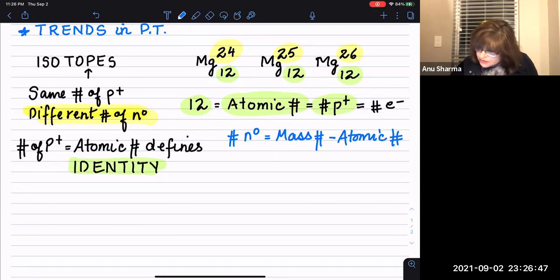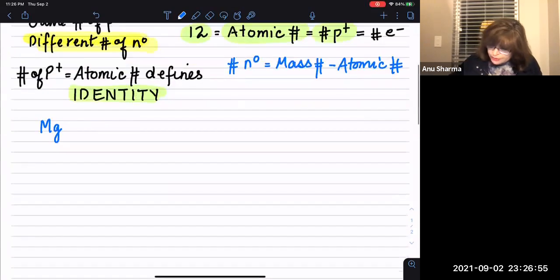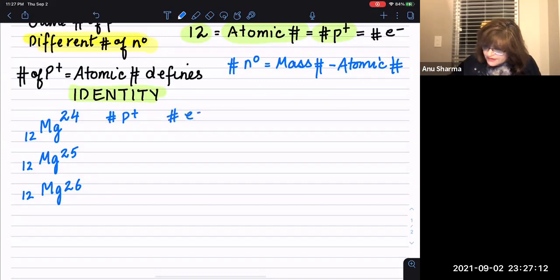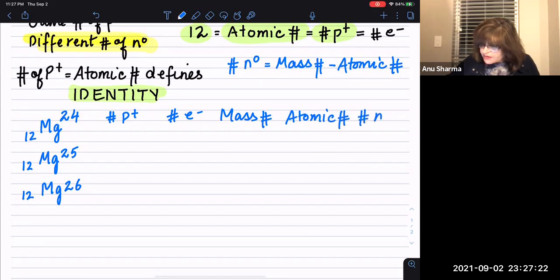So in the case of magnesium 24, magnesium 25, and magnesium 26, all of them have 12. So we have the number of protons, number of electrons, mass number, and the atomic number. And then comes the number of neutrons.